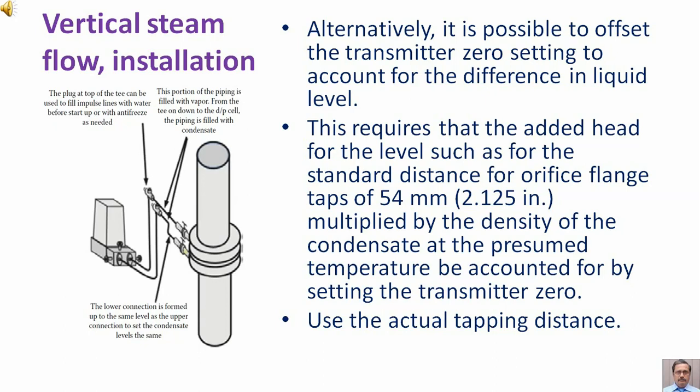This requires that the added head for the level, such as for the standard distance for orifice flange taps of 54 mm, that is 2.125 inches, multiplied by the density of the condensate at the presumed temperature, be accounted for by setting the transmitter zero. Use the actual tapping distance.